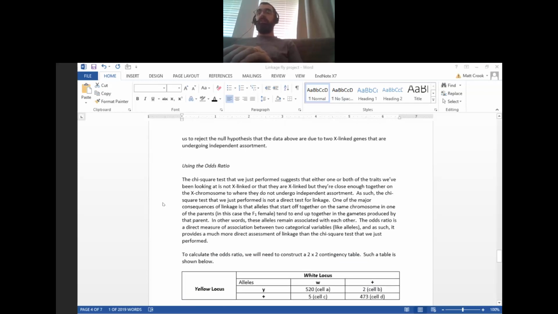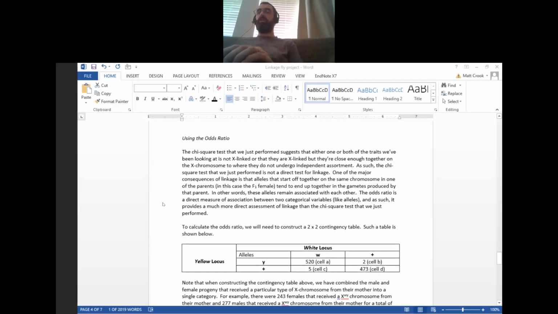You're also going to calculate an odds ratio, and so this is essentially the odds of having different options. And so what are the odds of having a white allele with one of these, with a wild type allele, wild type yellow allele, right?